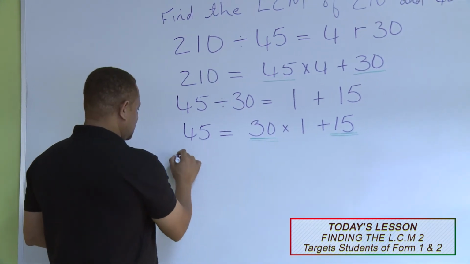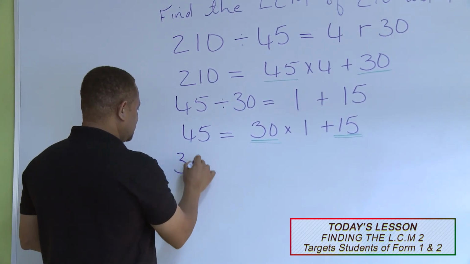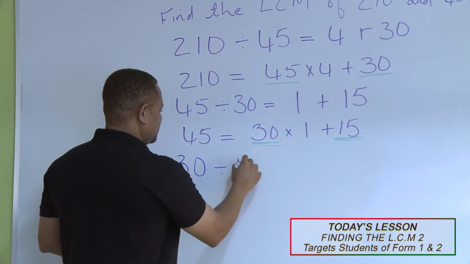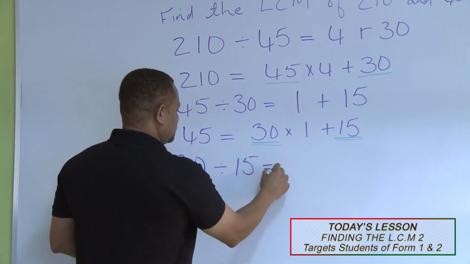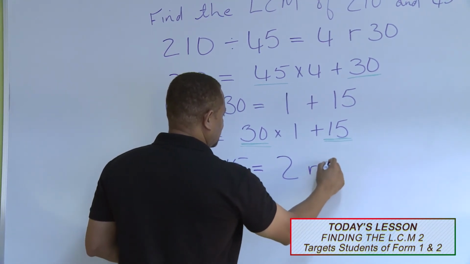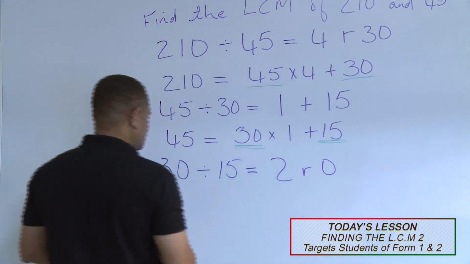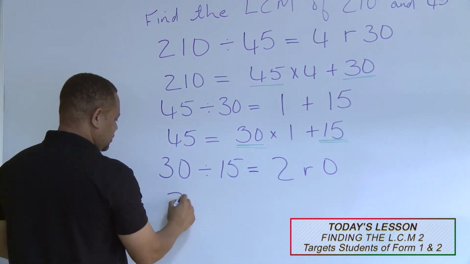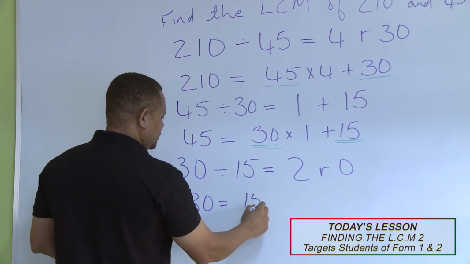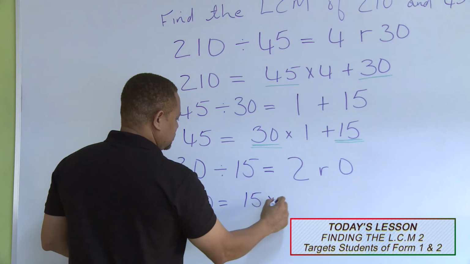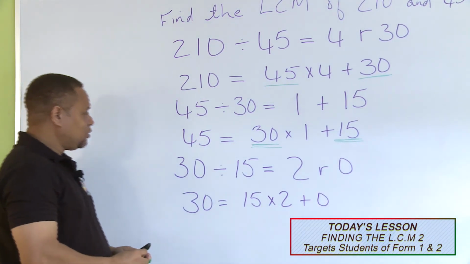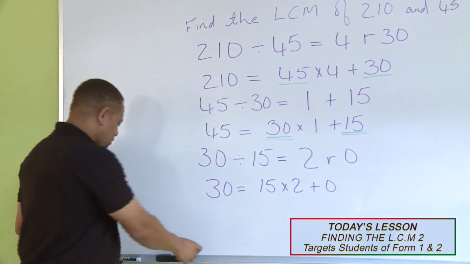So we're now going to say 30 divided by 15 is equal to 2, remainder 0. You can write this as 30 is equal to 15 times 2 plus 0. So now that the remainder is 0, we can stop here.